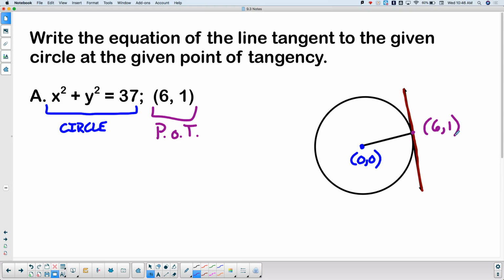I would need 2 points on the maroon line. I only have 1. Then we can find the slope of the point of the maroon line and the center of the circle. So we can find the slope of the radius. Okay, right? So step number 1 is going to be, we are going to find the slope of the radius.